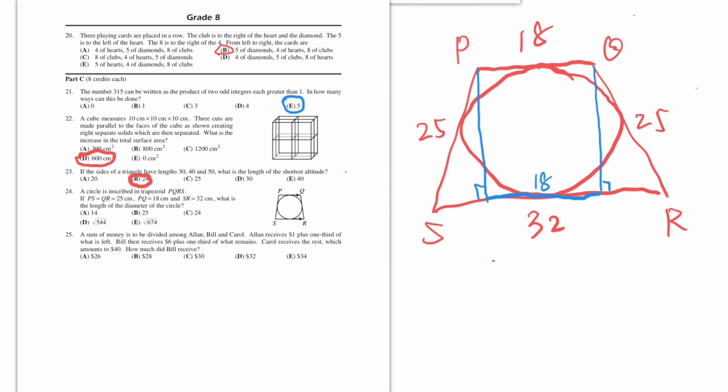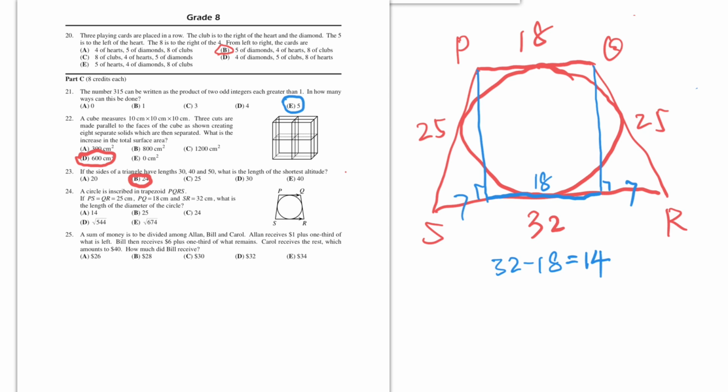So 32 minus 18 gives us the 14. 14 is these two lines at the sides because they are equal. Why are they equal? Both triangles are congruent because they have the three lengths all equal. Now the 14 divided by 2 gives us 7 and 7.